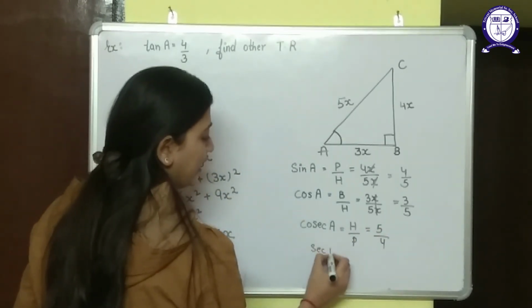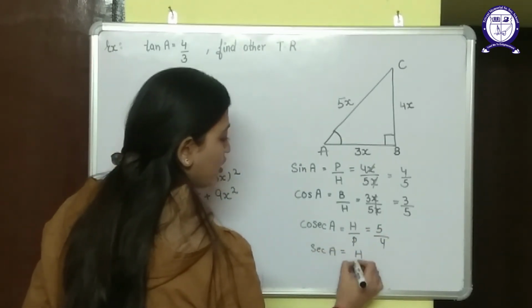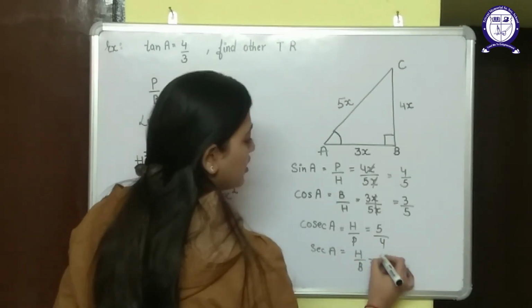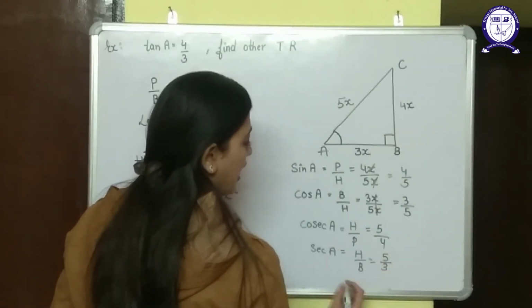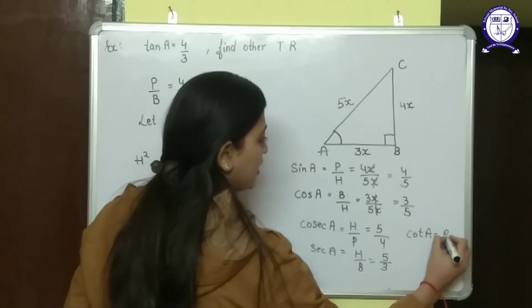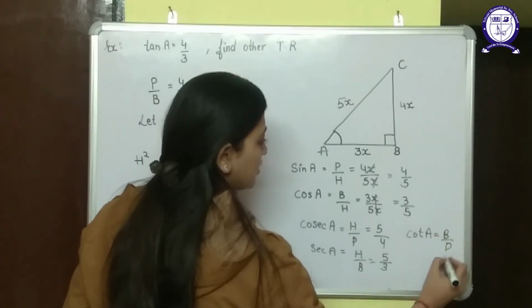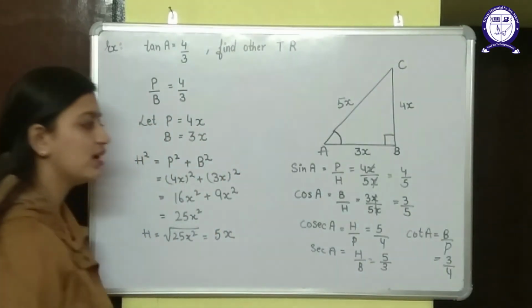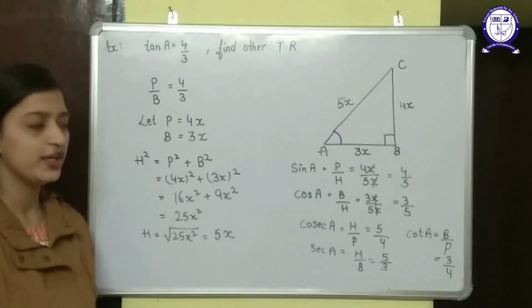Then sec A will be H upon B, that is 5 upon 3. And then cot A is B upon P, that is 3 upon 4. So these are the other 5 trigonometric ratios.